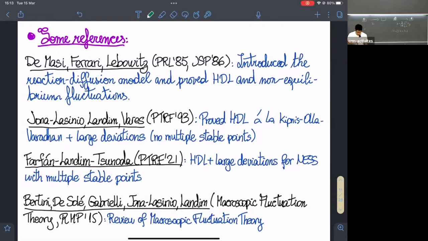And all of these things that I've been mentioning here fit very well in what is called macroscopic fluctuation theory, this nice theory by Bertini, De Sole, Gabrielli, Jona-Lasinio, and Landim. So also Derrida has something to say about this macroscopic fluctuation theory.